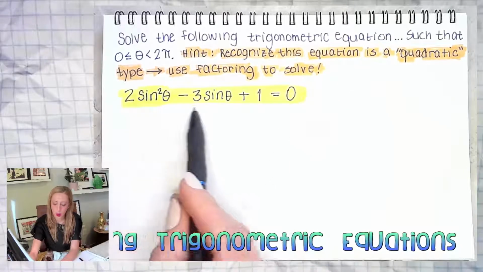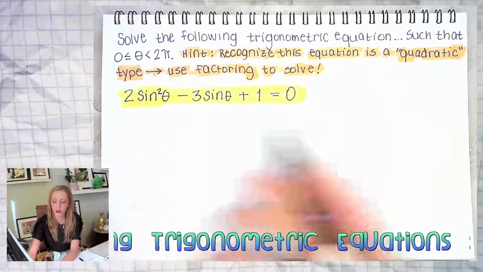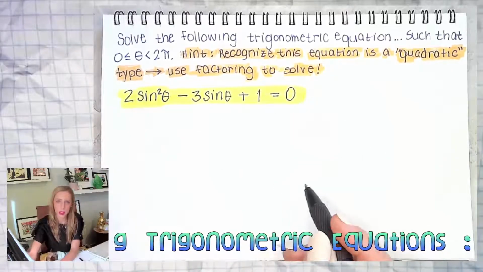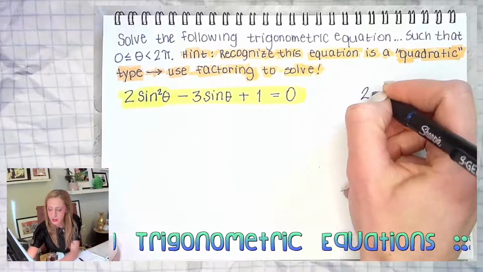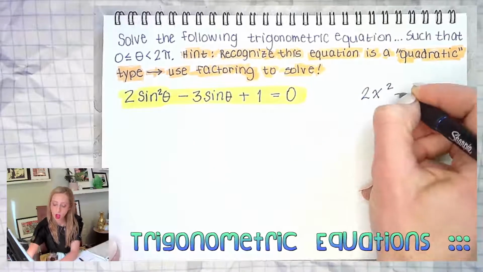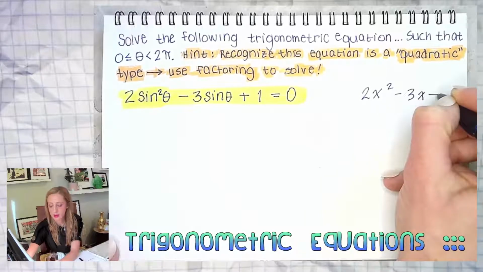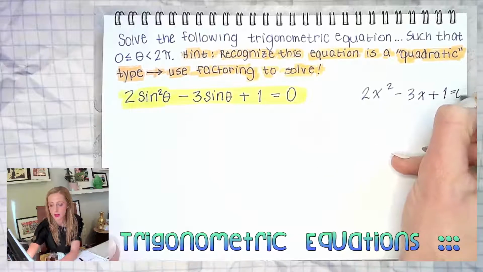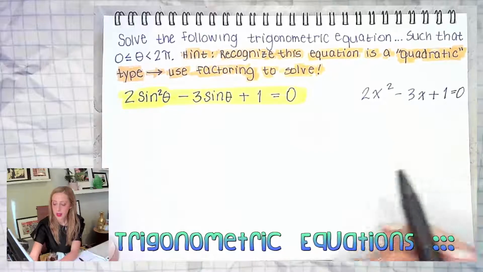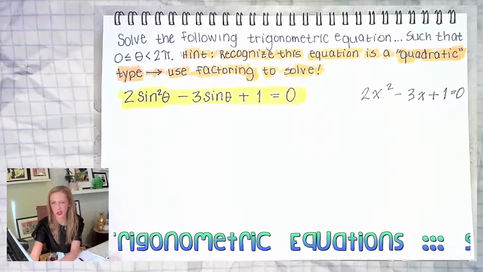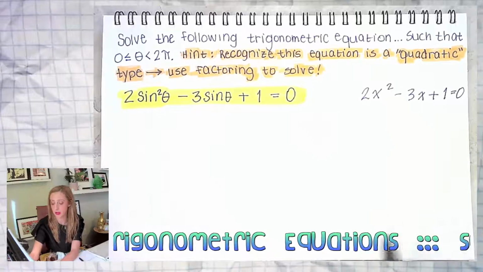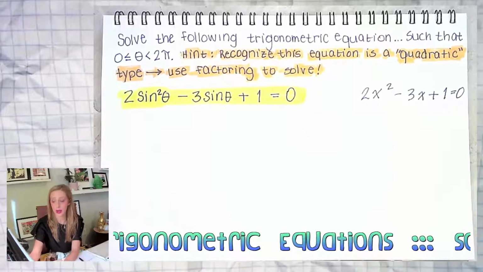Now, when you're looking at this over here, if you wanted on the side, completely not necessary, but I will do this on the side. You can think of this as 2x squared minus 3x plus 1 equals 0. Now, if you learn to factor the way I learned to factor, or if you just really understand factoring, you might be able to do this in your head.